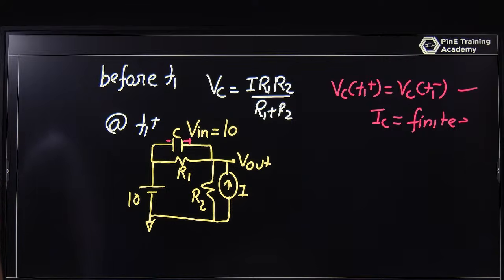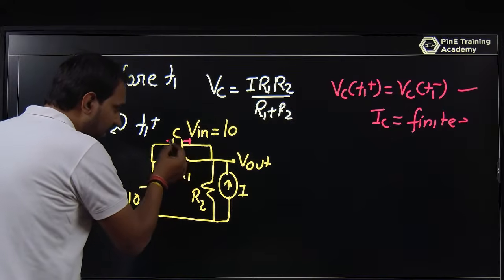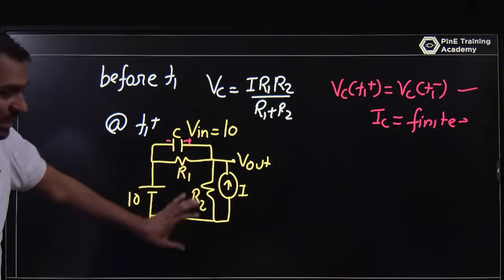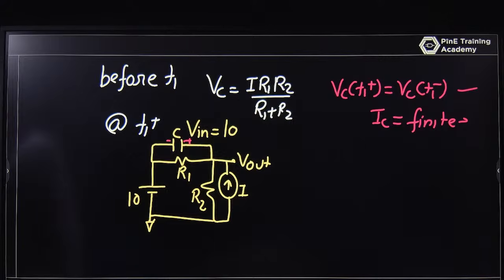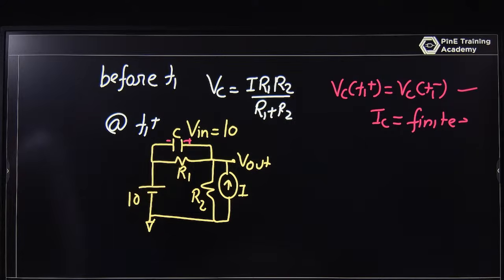So what will the current be? You can think of it this way: you have a resistance in the path, so the current is always finite. I am not going for a proof, just looking at the circuit intuitively: you have a resistance in series with the capacitor, so of course the current is finite.